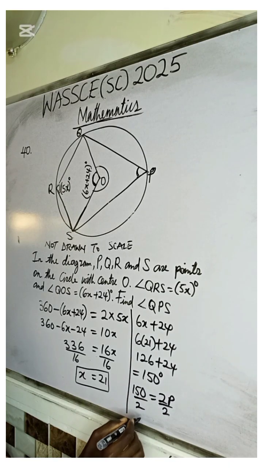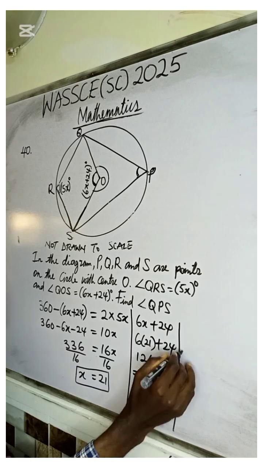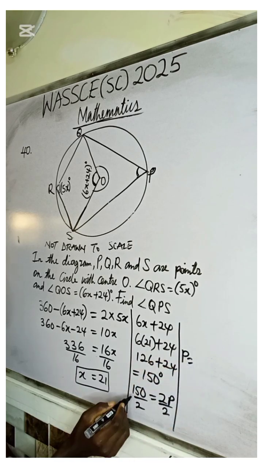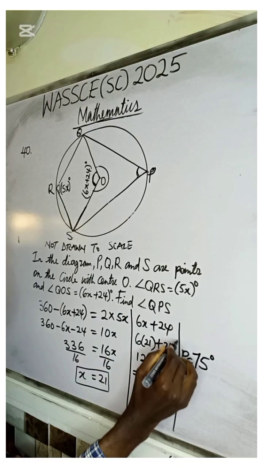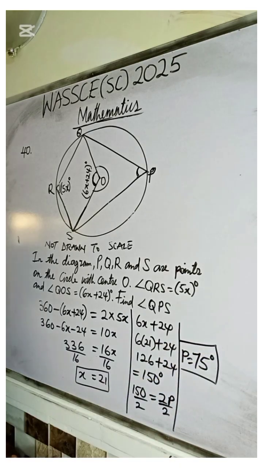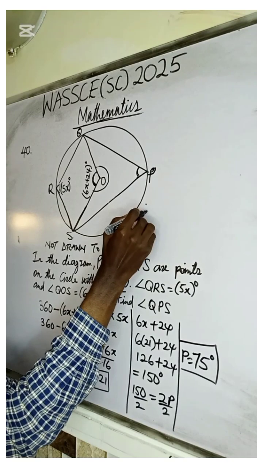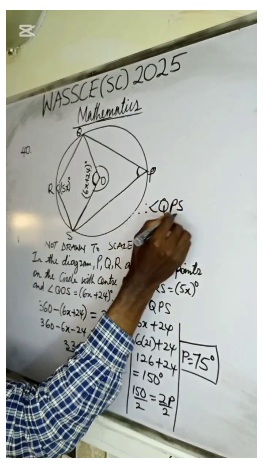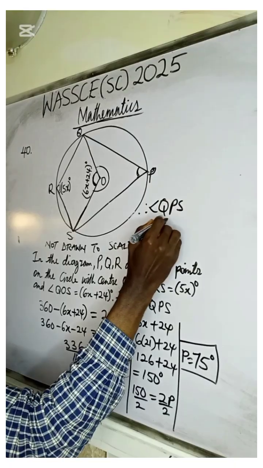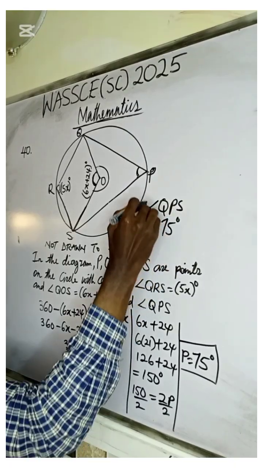Then P will be equal to 150 divided by 2, which is 75 degrees. So therefore, we can say the angle QPS equals 75 degrees.